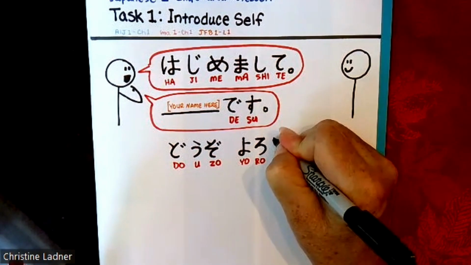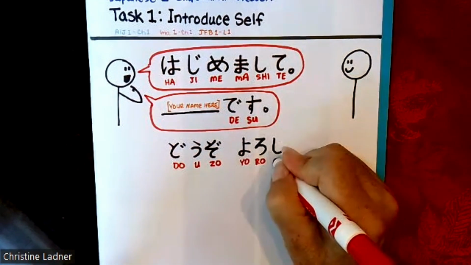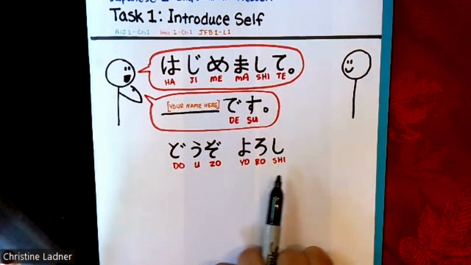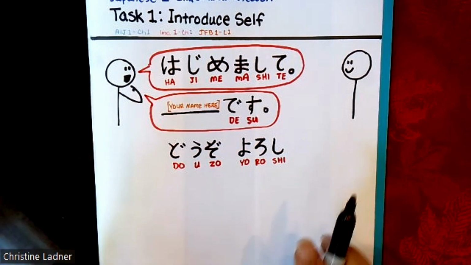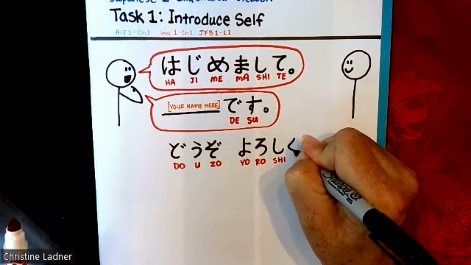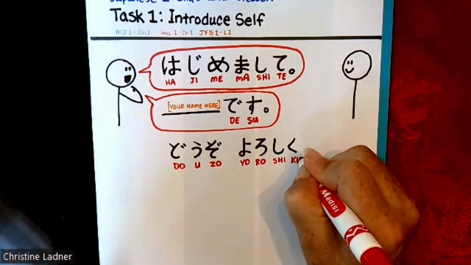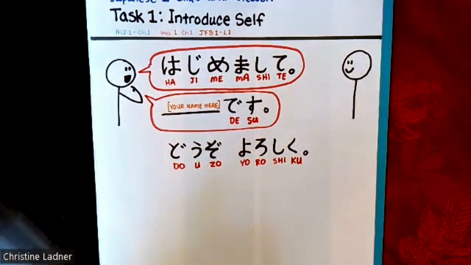Start at the top for shi. And curve up. Yoroshi. Douzo yoroshi. What was that last sound? Douzo yoroshiku. Ku is like a softer version of a less than sign. Yoroshiku. And the Japanese period is like a circle.